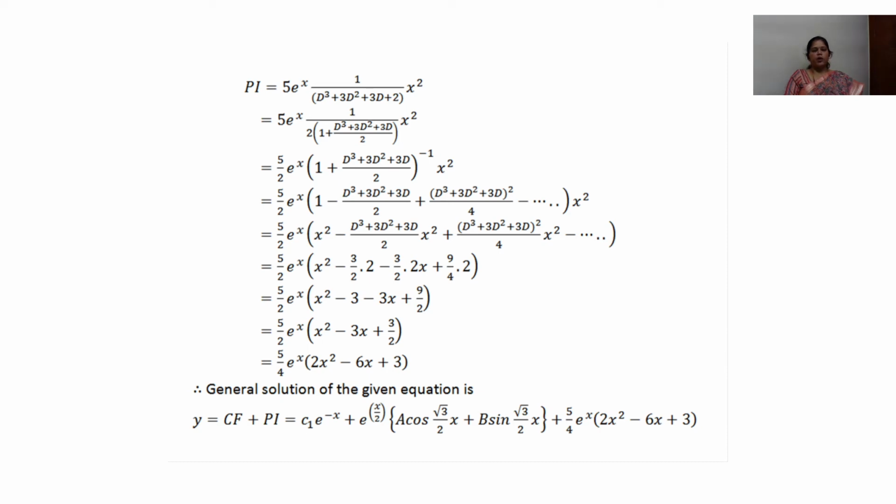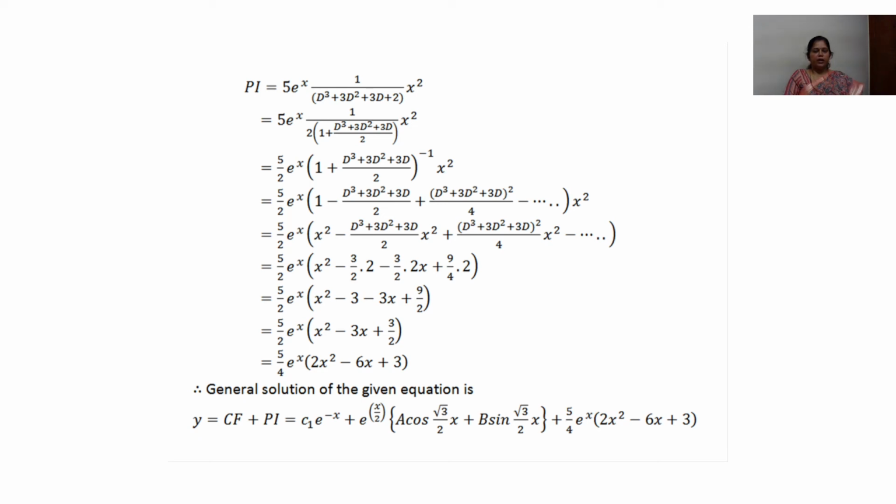So to get that form, we are taking 2 as a common value in the denominator. So we'll get 5 into e to the power x, 1 over 2 into 1 plus D cube plus 3D square plus 3D divided by 2, into x square. So now that constant 2 will come along with 5. So we have 5 by 2 into e to the power x.